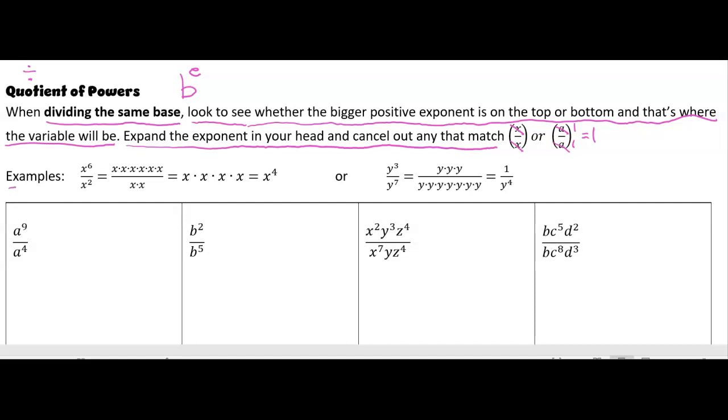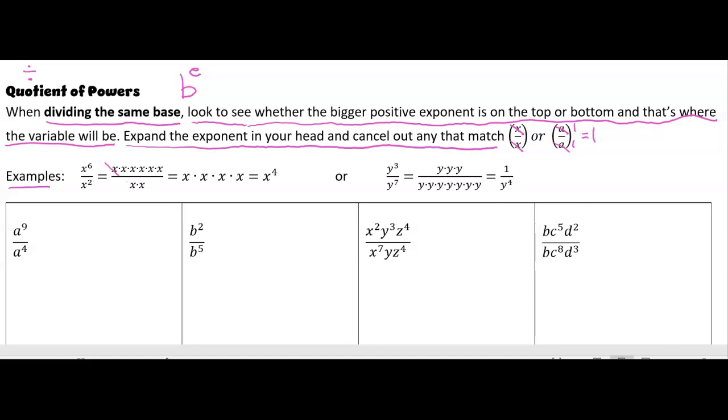Here's an example. We have x to the 6th over x to the 2nd. Expand that in your head. X to the 6th means x times x times x times x times x times x, 6 of them. And x to the 2nd power means x times x.